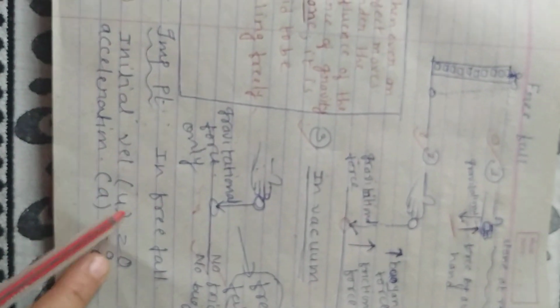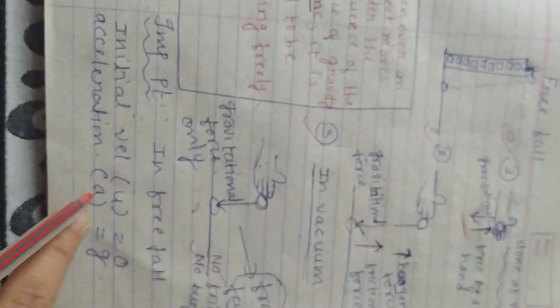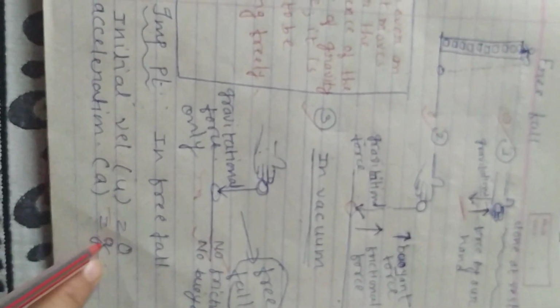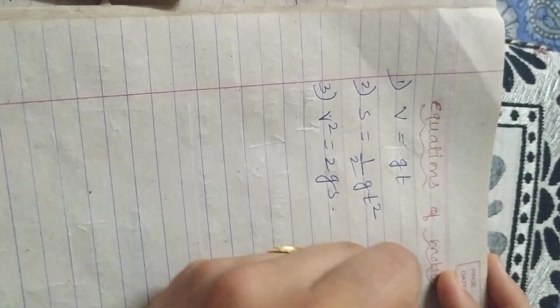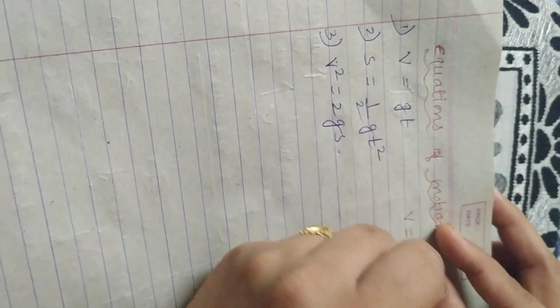Okay, some important points here. In a free fall, the initial velocity, denoted by u, will be 0, and in place of the acceleration a, we can write small g. By Newton's equation, we know very well, v equals u plus at.